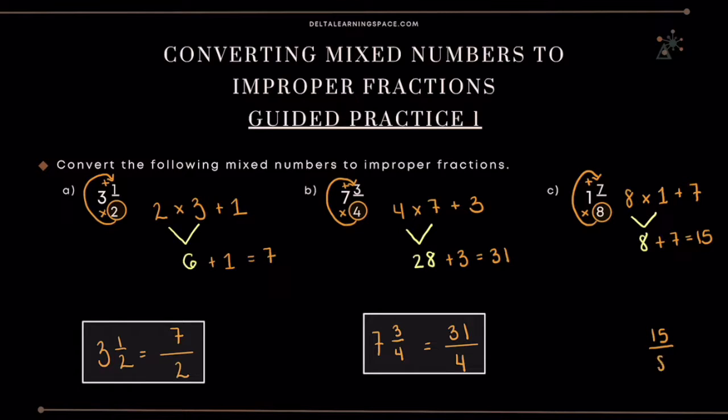And my denominator will stay the same. 1 and 7/8, rewritten as an improper fraction, will be equal to 15/8.